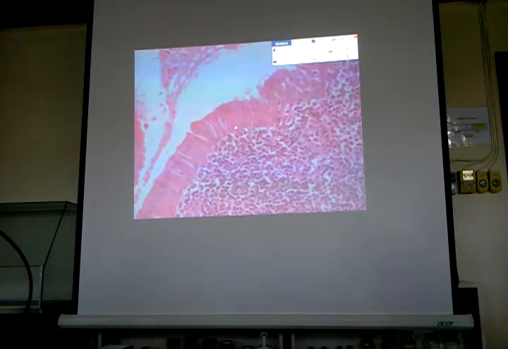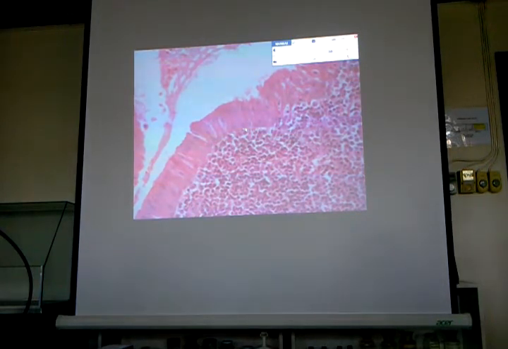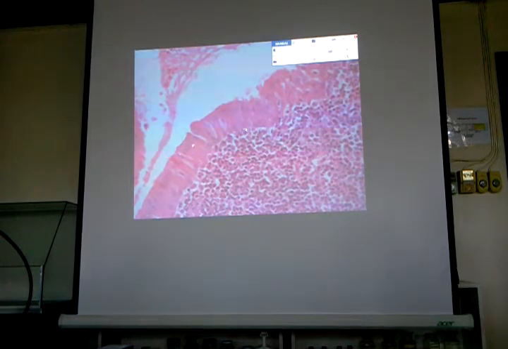We are seeing two layers of nuclei. And then how is the cytoplasm described? Eosinophilic. So those are the characteristic features of the epithelial components of this neoplasm: columnar epithelial cells in two layers, and their cytoplasm is eosinophilic.